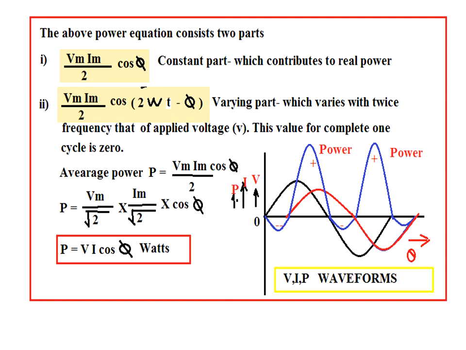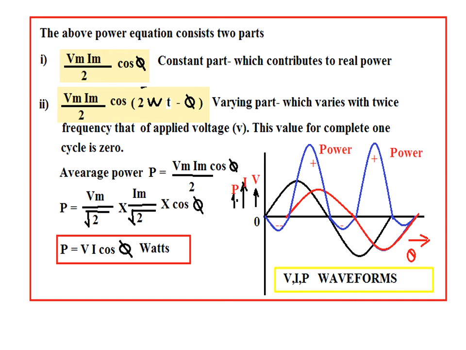This value for one complete cycle is 0. Hence, power per one cycle, also known as average power, equals Vm Im by 2 cos phi, because the second component for one cycle is 0.